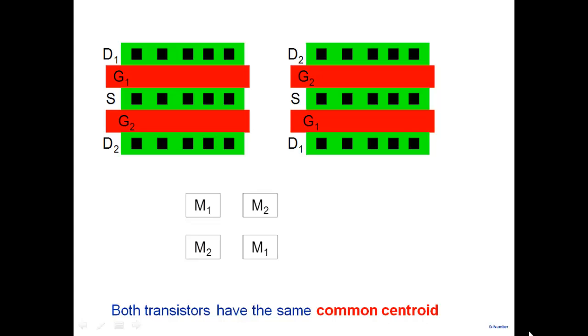Try to split a transistor into multiple parts and try to make the centroid of the transistors common. Right? So, break it up so that if something happens to one part here, the same thing happens to the other part. So, for example, one could break a transistor into M1, M2, M2, M1 and all that, like this here.